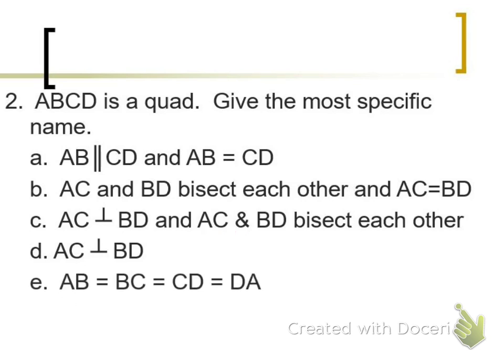Letter E. We know that AB is equal to BC is equal to CD is equal to DA. So we know that all the sides are congruent. John? It is not because we don't know anything about the angles. Cade?